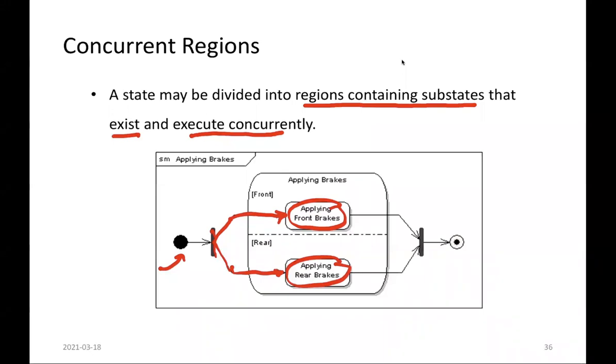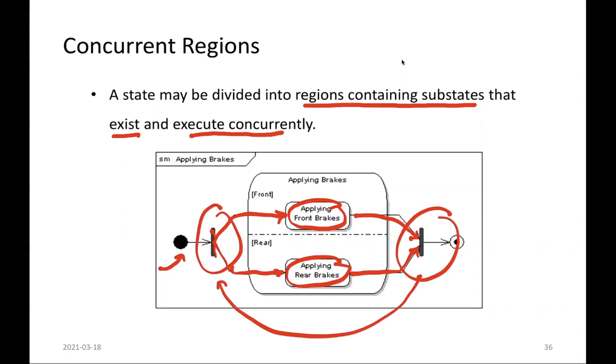And then once we apply the front brake and the rear brake, if you will terminate the object going to the exit or the end state, you need also to use the vertical bar to determine the termination. Using this notation for the vertical bar and arrow will determine the fact that we have concurrent regions within the state.